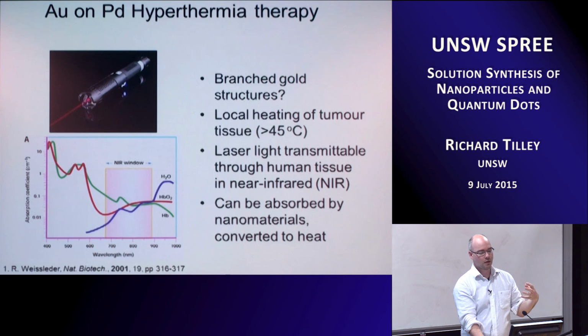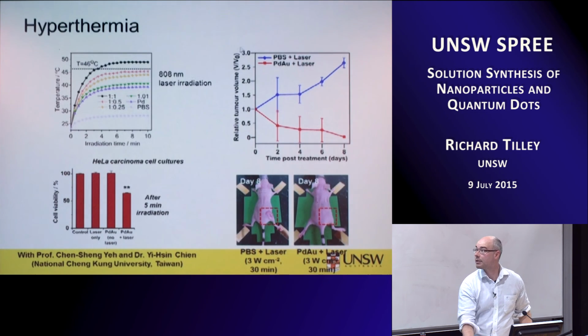So with the gold present, you can shine an IR laser, you can heat up the particles. This again was in collaboration with Taiwanese collaborators, but essentially you shine the laser on the gold-coated palladium particles, and then you can heat up the particles and essentially kill the tumour cells.